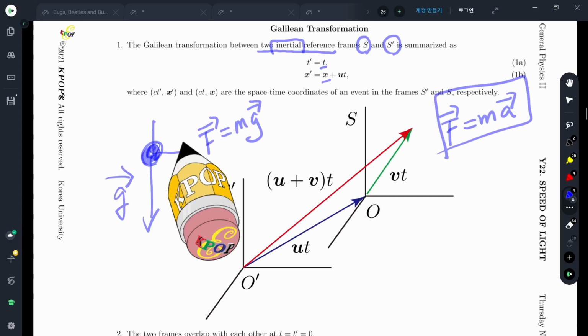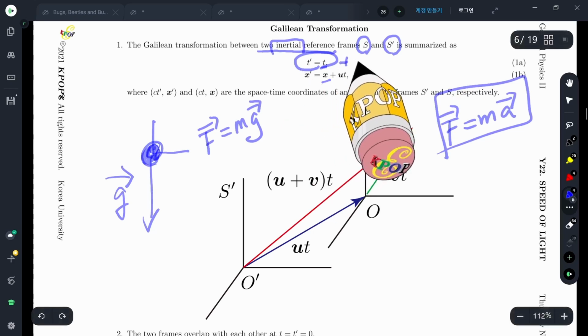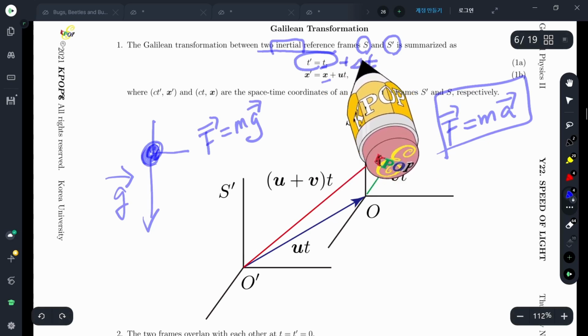Galilean transformation does not change the time parameter at all. It is always invariant. The absolute value may be different because of a translational amount, which may be a constant, but we can always choose it to be 0 by synchronizing the two coordinates. When they meet together, we just set t and t prime to be the same.